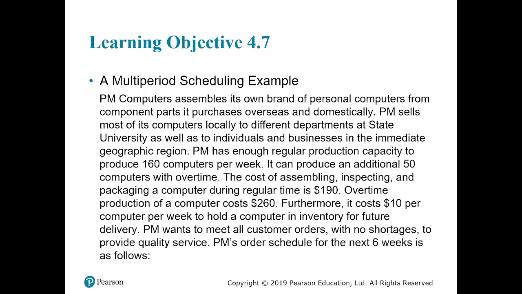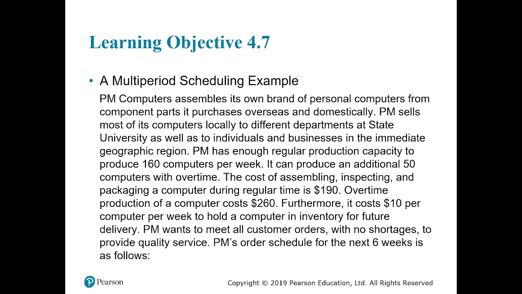So basically what it means here is that if the demand per week is 160, then it's just nice because this supplier can produce 160 computers per week. However, if the demand is higher than 160, then they need to take the overtime workers, for example, and they need to pay more for the cost of producing at the overtime capacity.